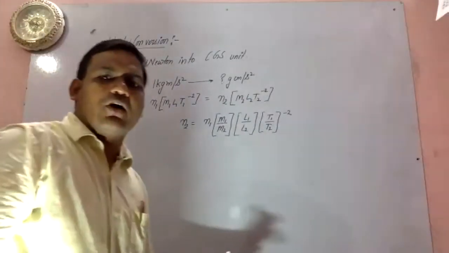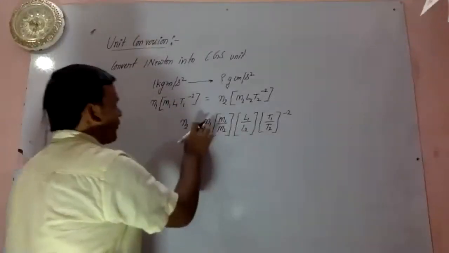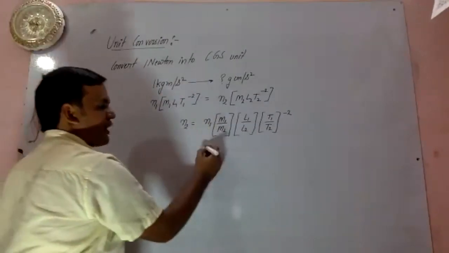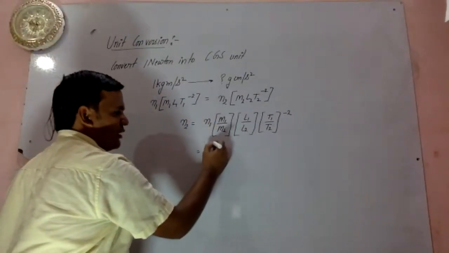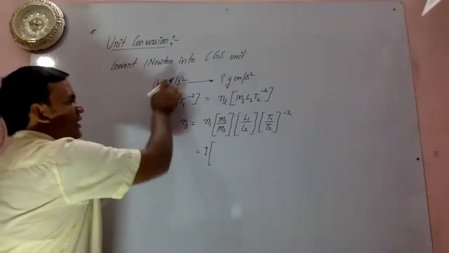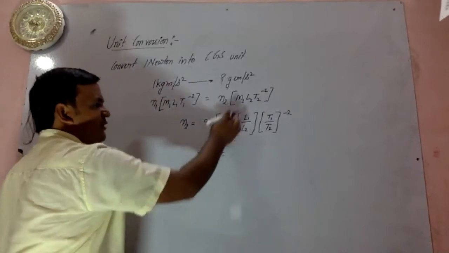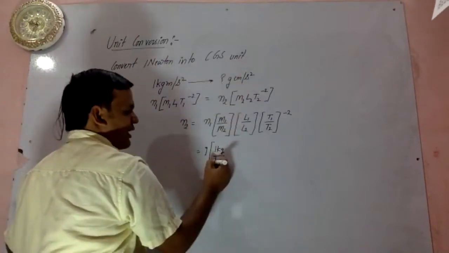It can be written or not? Yes, sir. Okay. So what else we can do here? N1 you have given 1. So you can put in the place of N1 1, and the mass M1 you can see from here. It's 1 kilogram. So you can write here 1 kilogram. But in case of M2 it is in gram. So you will write here 1 gram.